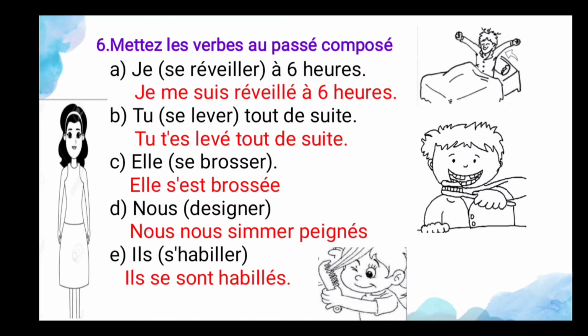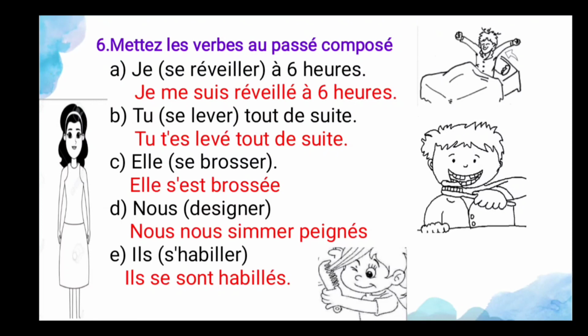Subject, reflexive pronoun is me, auxiliary verb is être, and the past participle of the verb réveiller. So I woke up at 6 o'clock. And second is tu te lèves tout de suite. So here the meaning is you get up right away. So you got up right away.